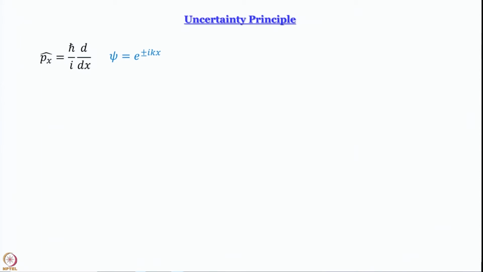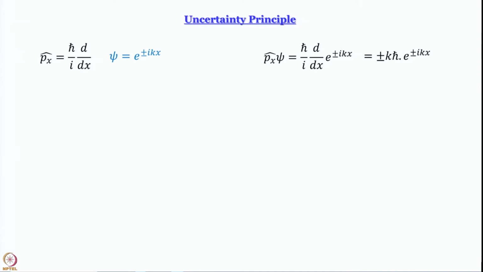The eigenvalue is definitely real, because when you differentiate e to the power plus minus ikx with respect to x, you are going to get plus minus ik multiplied by the same function. So, that i and this i are going to cancel each other. So, Px operating on psi gives you plus minus k h cross e to the power plus minus ikx.